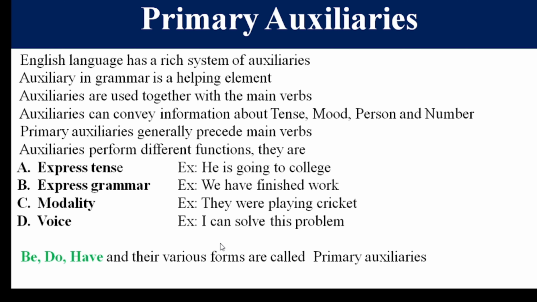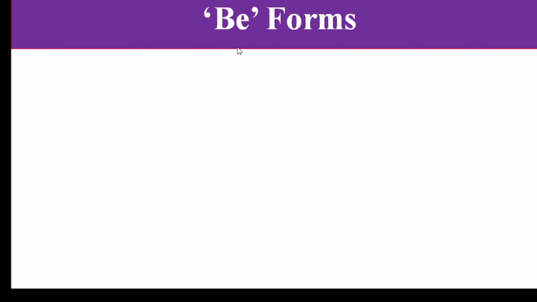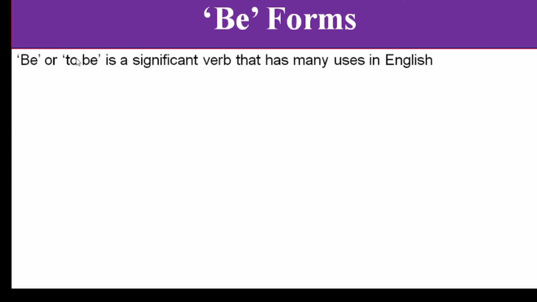The primary auxiliaries we just discussed are the be forms, do forms, and have forms, and their various forms are called primary auxiliaries. Now we will discuss them in detail one by one. Look at what the be forms are and how they are helpful to a student. Be, or to be, is a significant verb that has many uses in the English language.